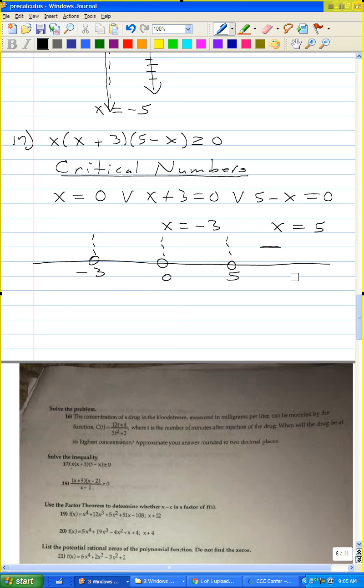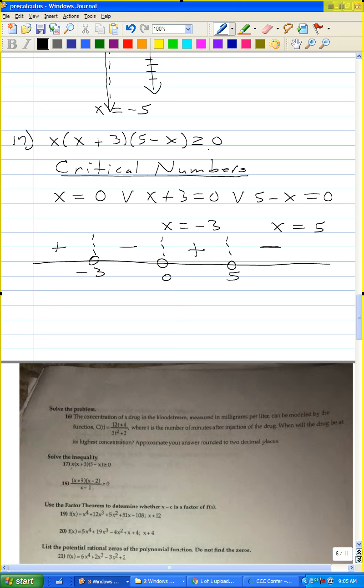Doesn't matter. Now, because these all have an odd multiplicity, it alternates in sign. If they had an even multiplicity, then when you cross that root, these signs wouldn't change. But since they have odd multiplicity, the signs change.